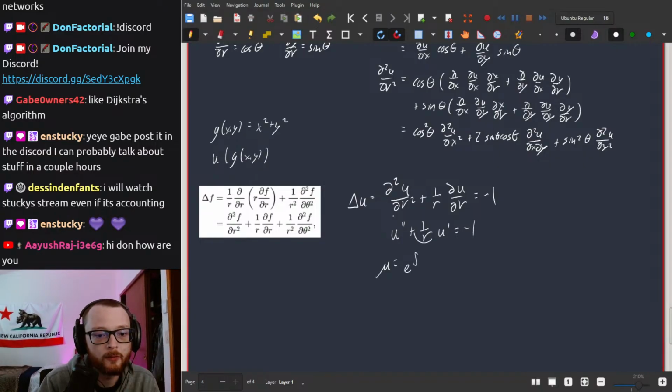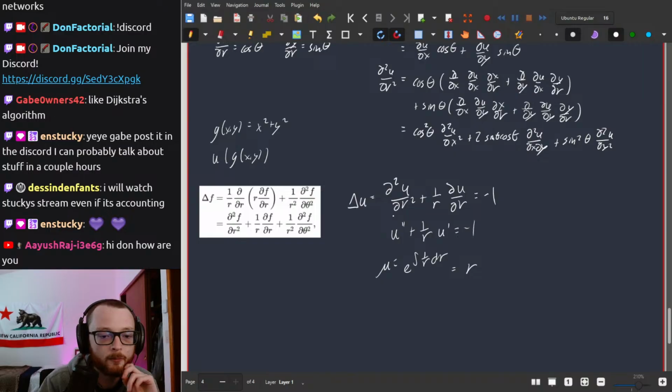Mu is e to the that thing. Just gonna give us r. Really? For some reason that feels like a weird integrating factor, but who am I to judge?